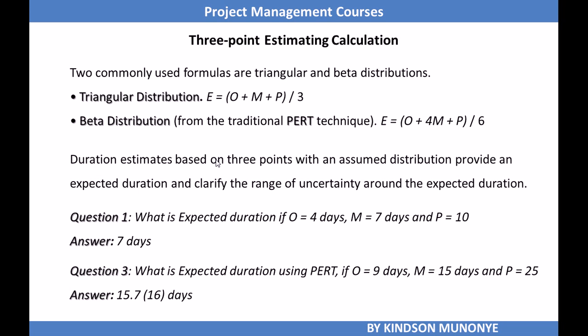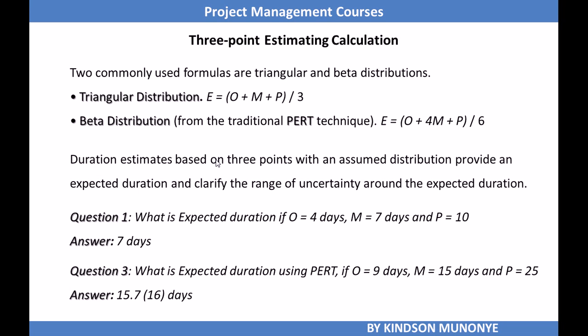Since the most likely estimate is the most reliable estimate, we are assigning a weight of 4 to it. So we are multiplying it by 4 before we divide by 6. For the triangular distribution, you just sum the 3 estimates and divide by 3.